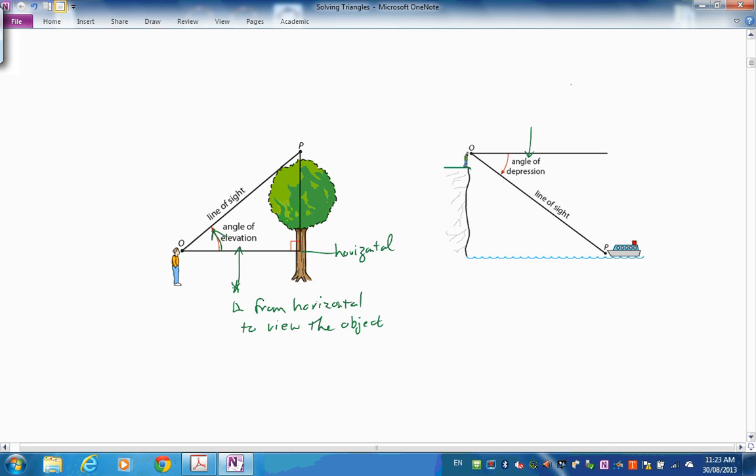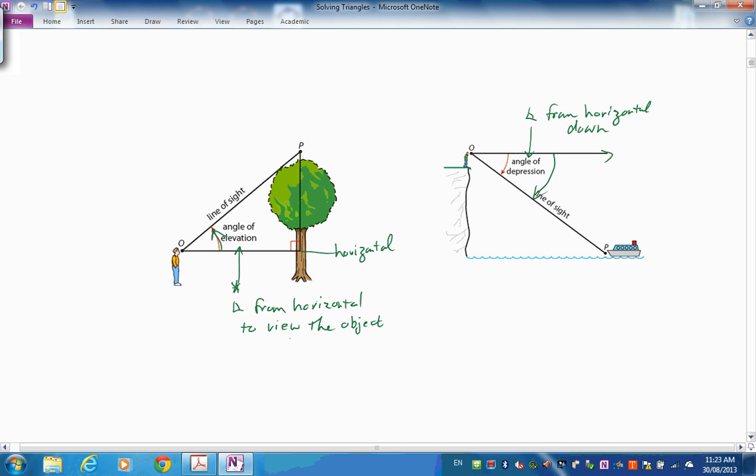Over here, angle of depression is the angle again from the horizontal, this time downwards, down that you have to look. So looking straight ahead, how far down do you have to look to hit the object?